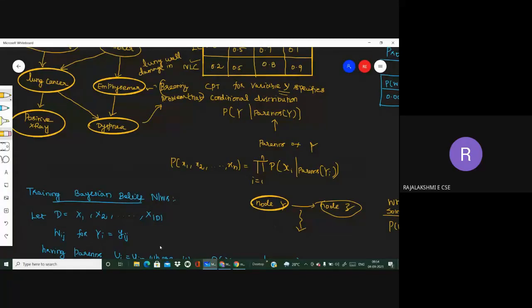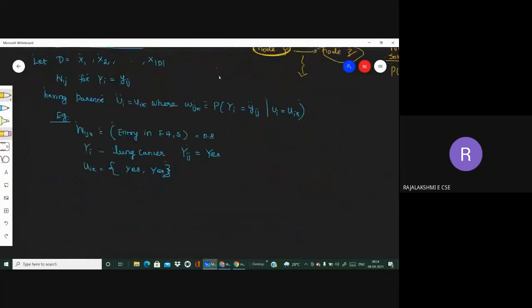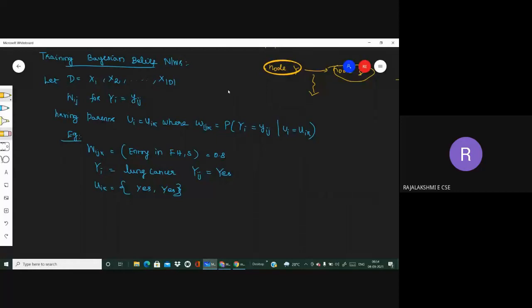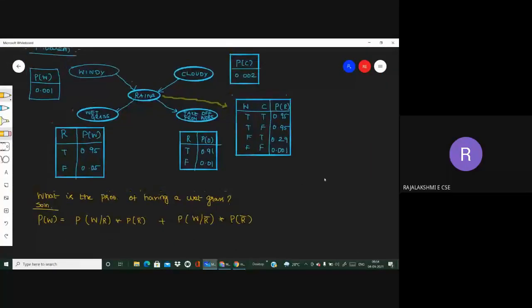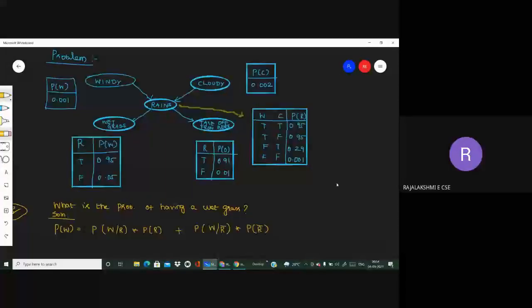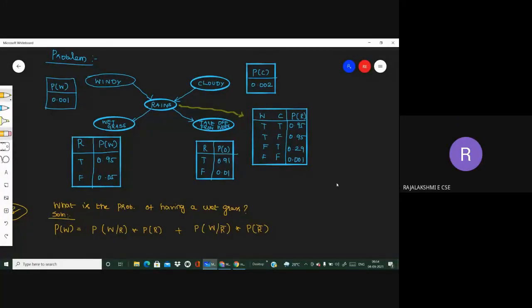Okay, let's see how we are going to train these Bayesian belief networks. So just leave all this formula. When you go through this problem, you will understand it. Okay, see this problem. The probability of getting rain depends on two features, windy and cloudy.